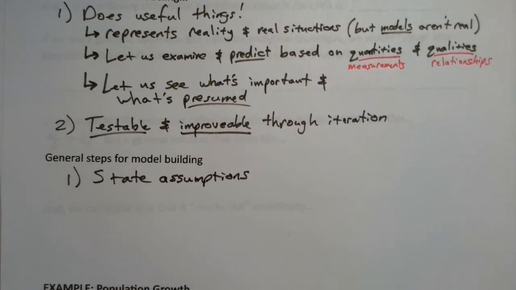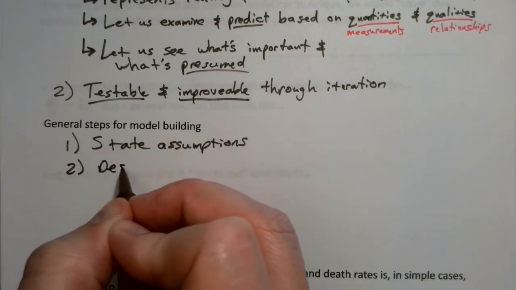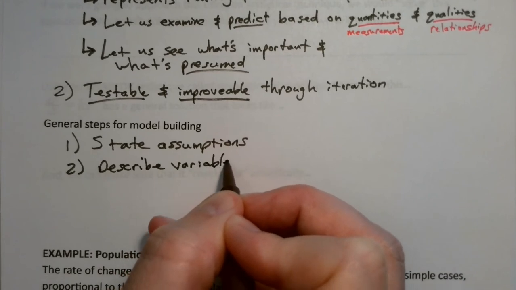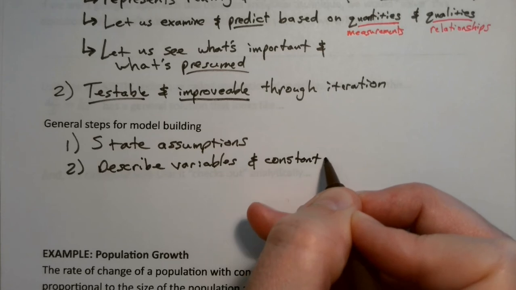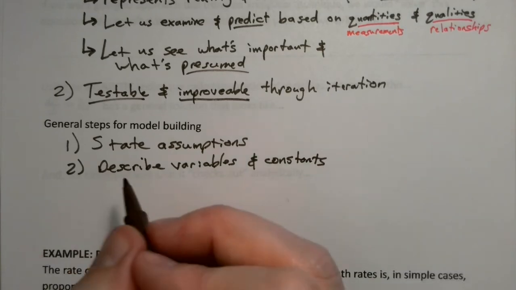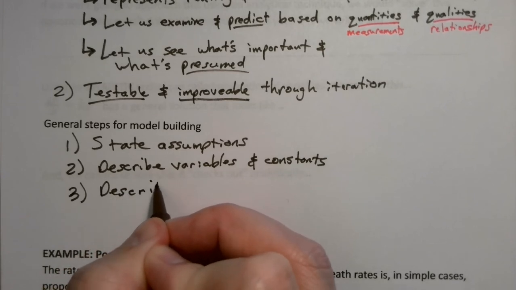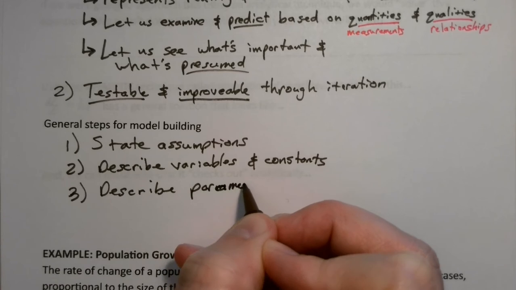So what do you assume about the situation? The second thing you're going to do is describe variables and constants. The third thing you're going to do is describe parameters. And we'll get into parameters here in a minute.